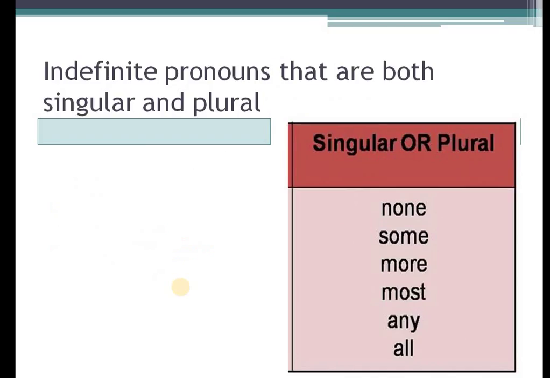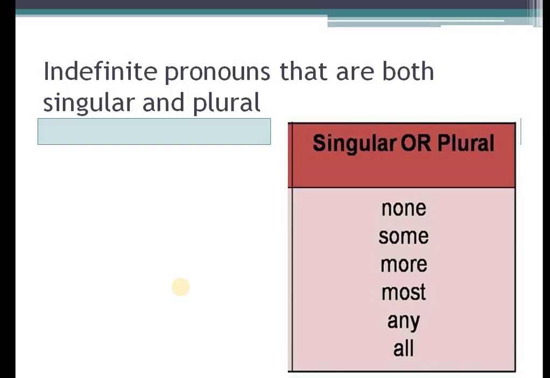Alright? Now, some indefinite pronouns. And remember when we talked about pronouns, we talked about the fact that there is an exception to the rule. In this case, you have singular, you have plural, and then you have some that cannot decide whether they want to be singular or plural. So they can be either singular or plural based on how they are used.